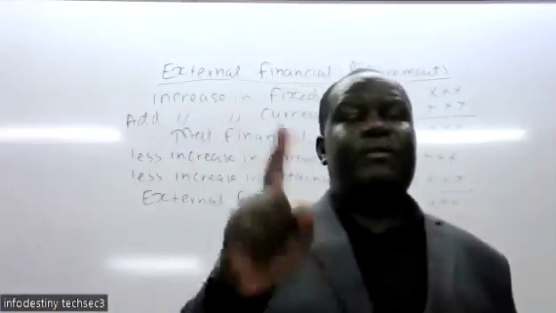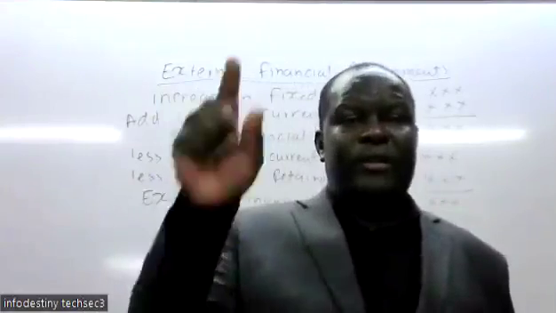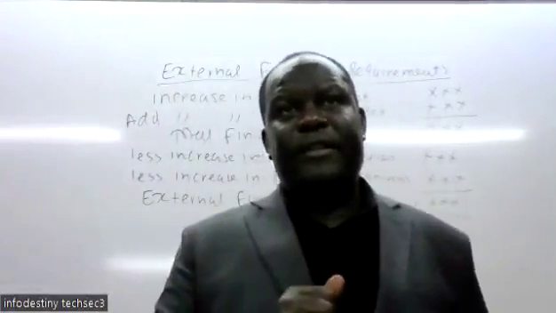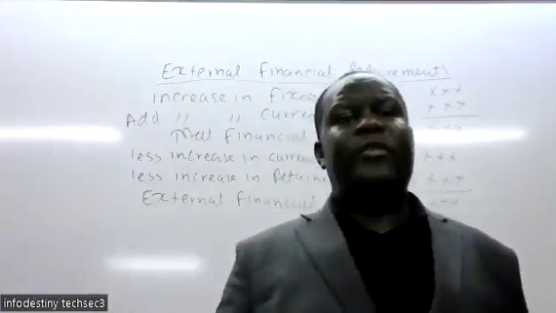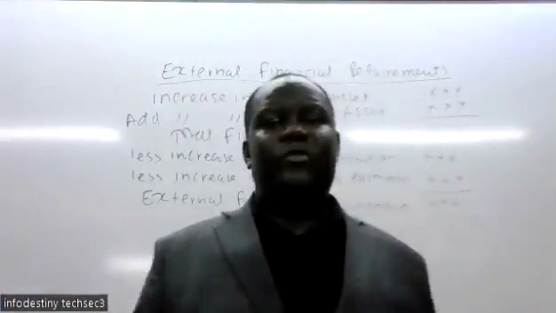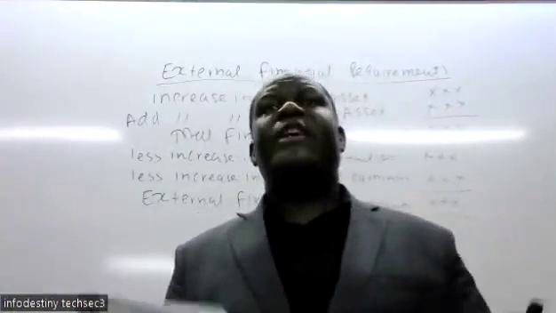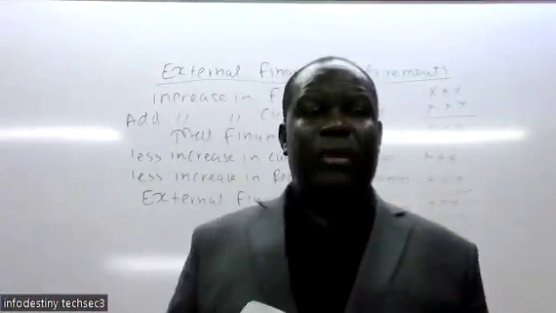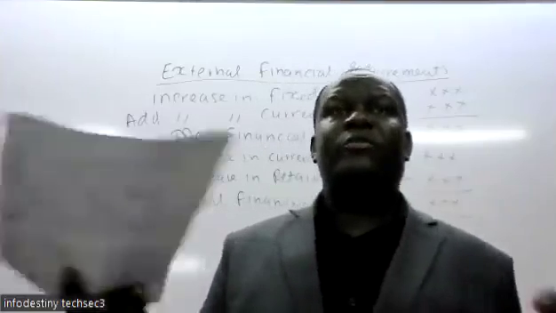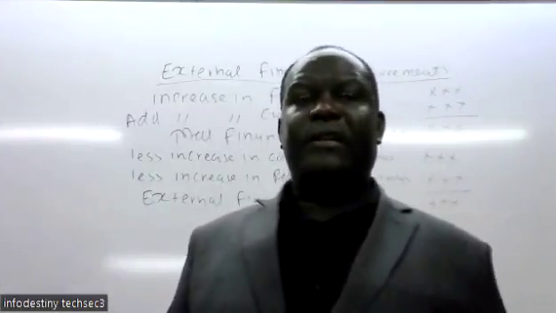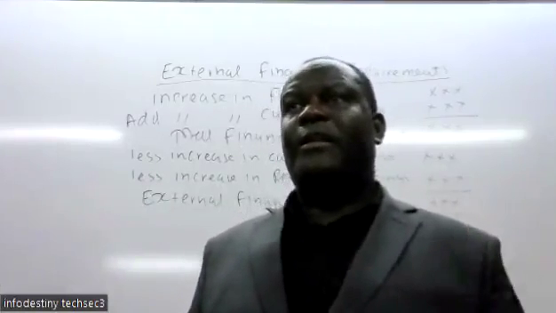Then step 2, we express those items as a percentage of sales. That's where we start from, because step 1 is just obvious. In step 1, we identified all the balance sheet items which will change when the sales change: fixed assets, current liabilities, and retained earnings.